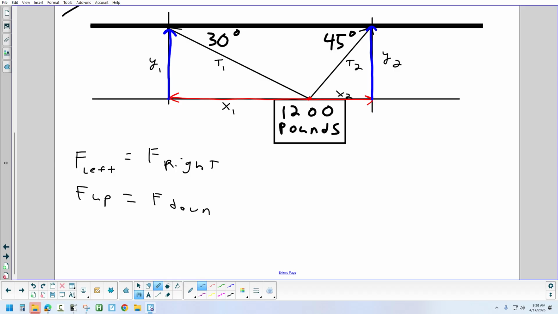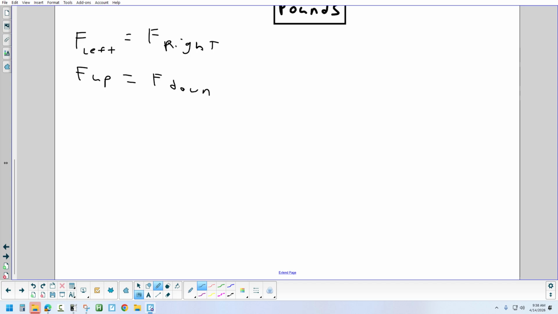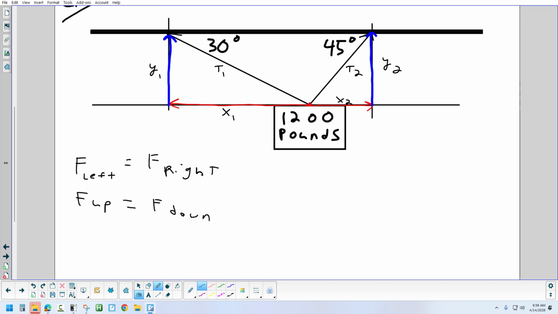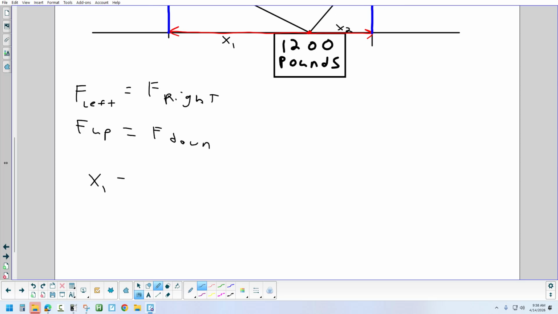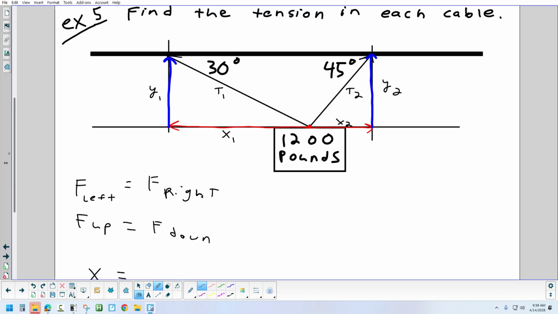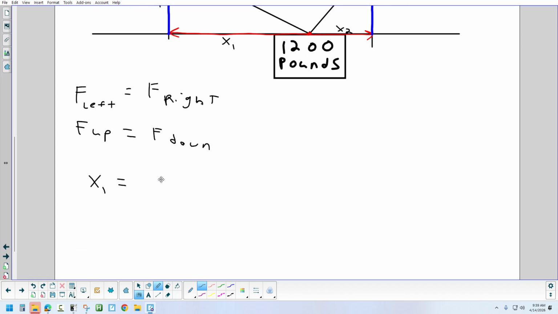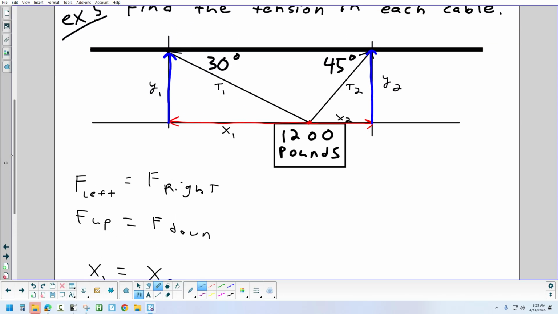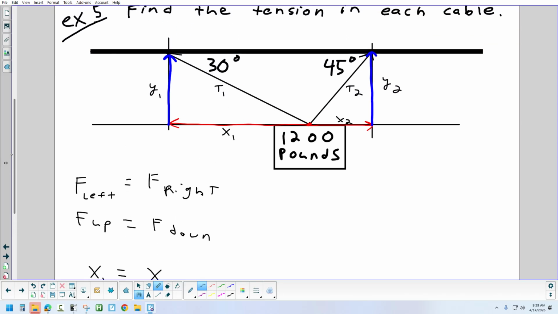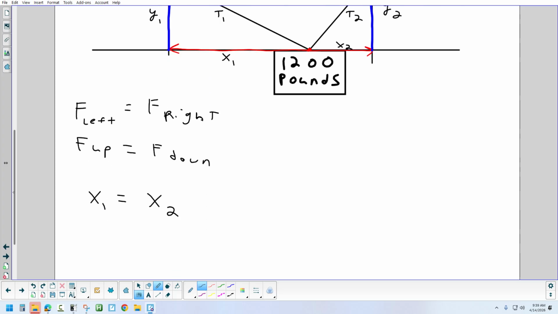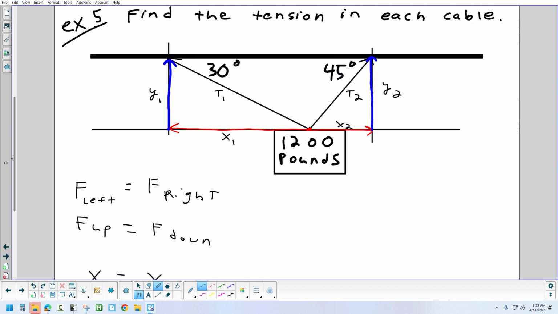Yep, x1. This is like the second stage of our equations now. It's getting a little more specific to our problem and less abstract. So x1 has to equal the force pulling to the right, x2. We still haven't put in the angles, the 30s and the 45s. We still have to do that, and that's going to involve breaking things down with trig, but we'll get to that.